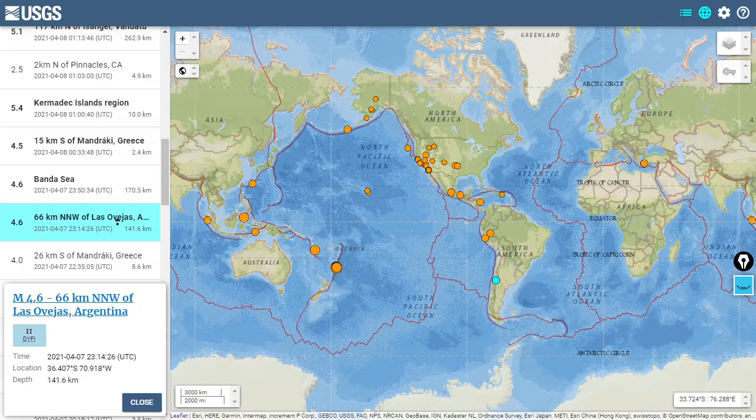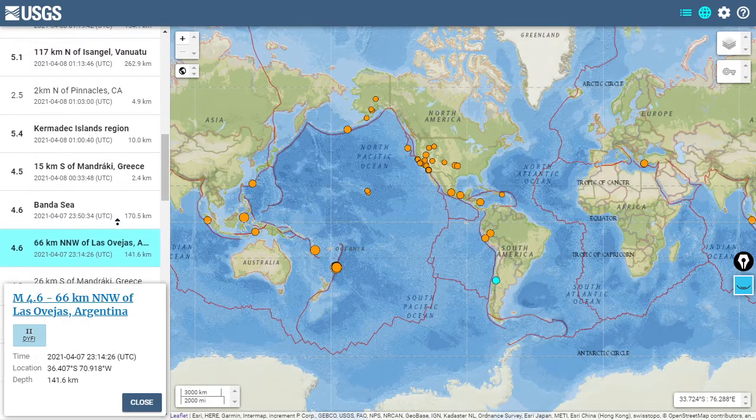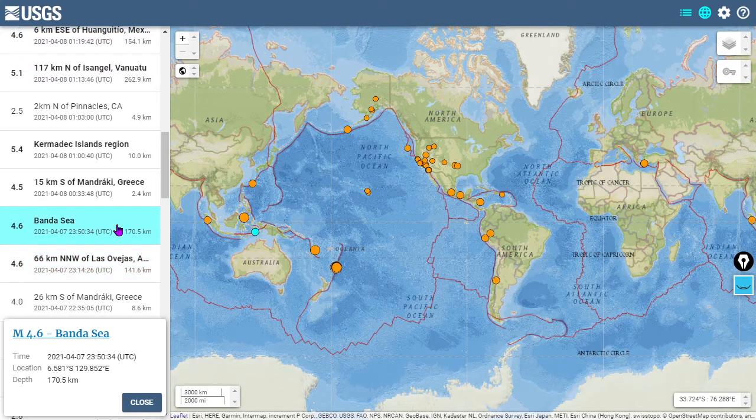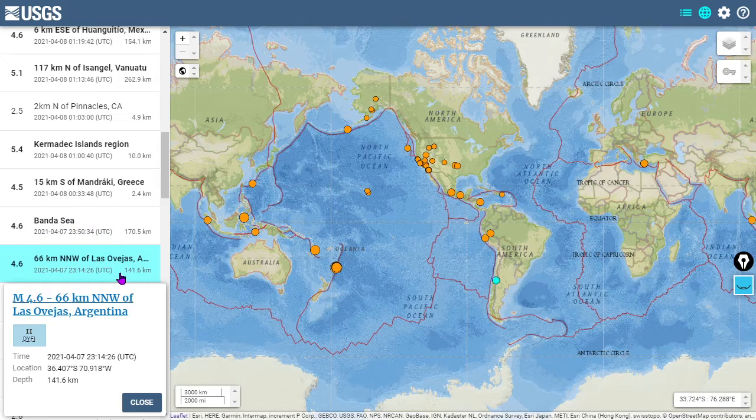Deep quake in western South America at Argentina, as well as one around the same time here in the Banda Sea. That one at 2350 Universal Time. The 4.6 at Argentina at 2314. So just about a half an hour apart.